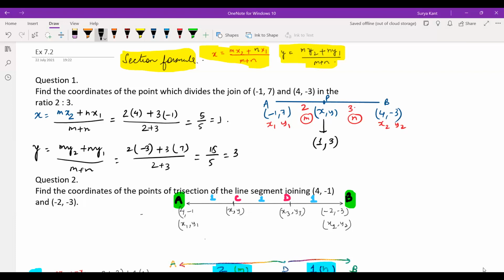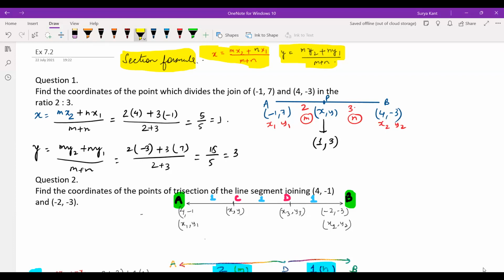So now, trisection means three equal parts. The second question is: find the coordinates of the points of trisection, which divide into three parts the line segment 4, -1 and -2, -3.